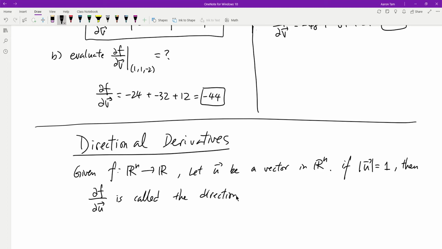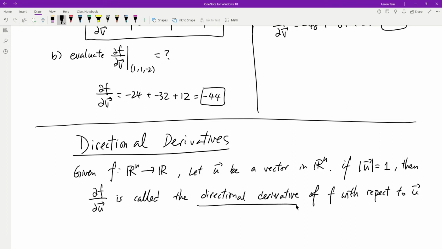This is unique because for every direction vector defined, if I normalize it, we all have the same exact direction vector. It's called the directional derivative of f with respect to vector u.